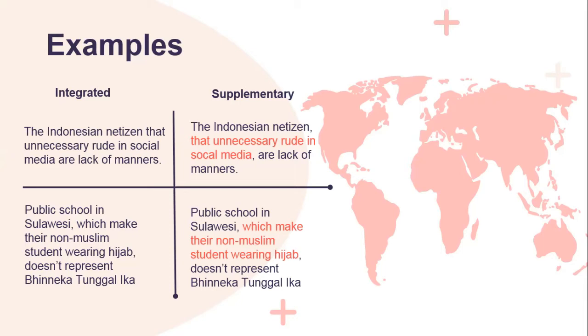We can see in the first example there is no punctuation, but for the supplementary: the Indonesian netizens, comma, that are unnecessarily rude in social media, comma, are lacking manners. And for the second example: public schools in Sulawesi which make their non-Muslim students wear hijab don't represent Bhinneka Tunggal Ika.